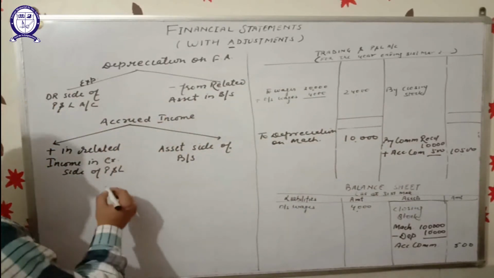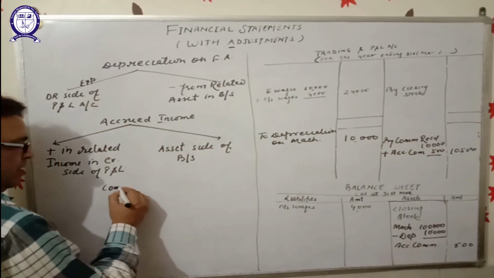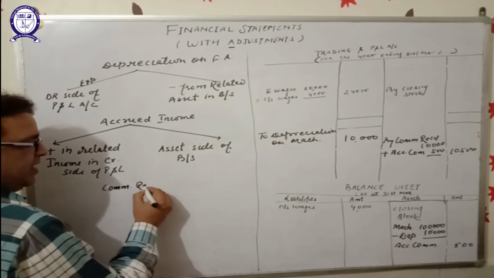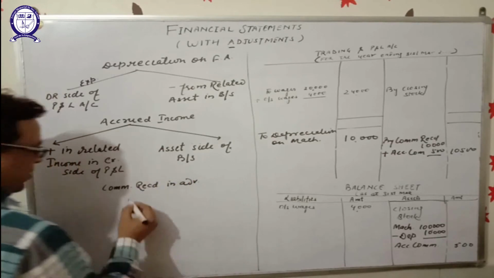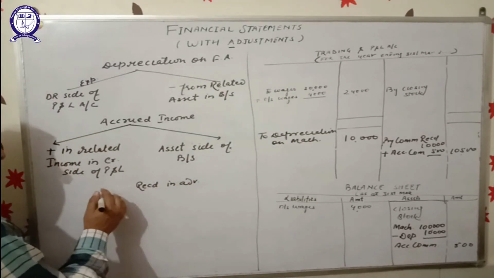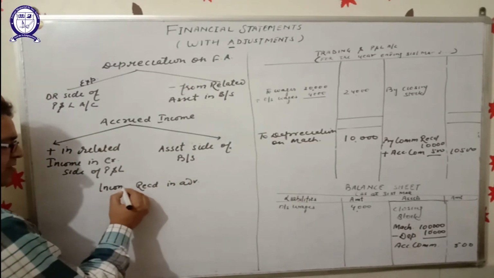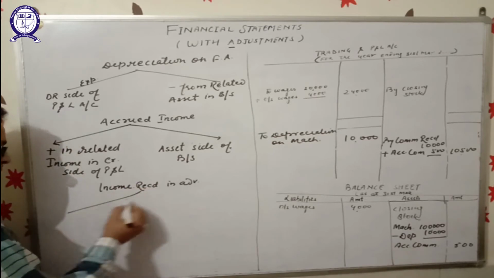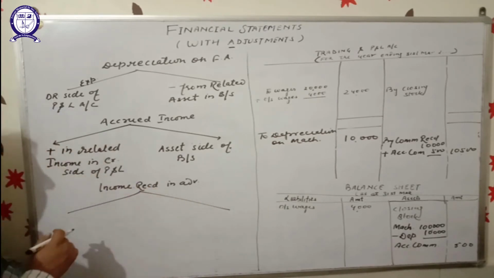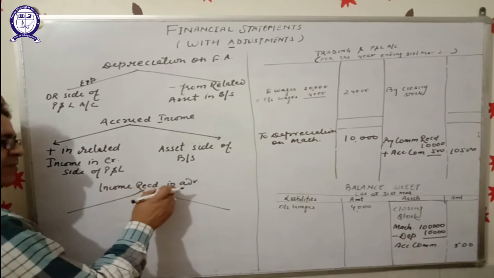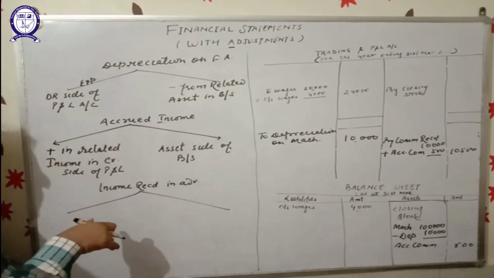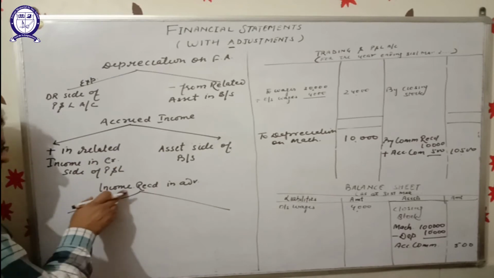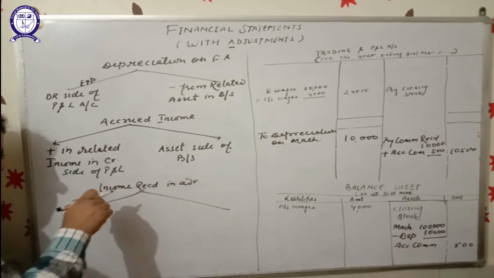Next adjustment, commission received in advance. Commission or any other income received in advance. You can say it unearned income. Income received in advance means income related to next year we have received in current year. So this is income related to next year, not of current year.